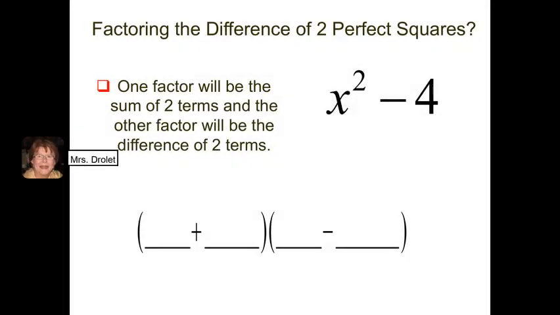One factor will be the sum of the two terms, and the other factor will be the difference of the two terms. And it doesn't matter which is which. You could have your two sets of brackets, and here a minus, and here a plus. It doesn't really matter. But one will be plus, the other will be minus.